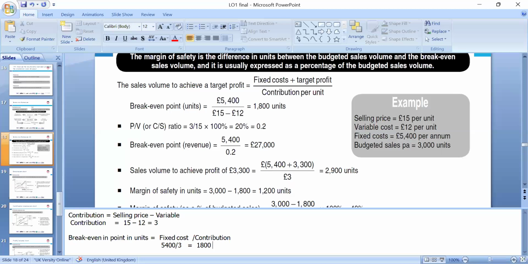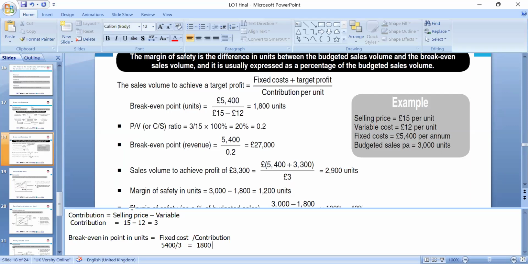So if I sell 1,800 units, it will meet both my fixed and variable cost. It means if I sell 1,800 units, there won't be any profit and there won't be any loss. But you think, come on, I will increase my selling price.